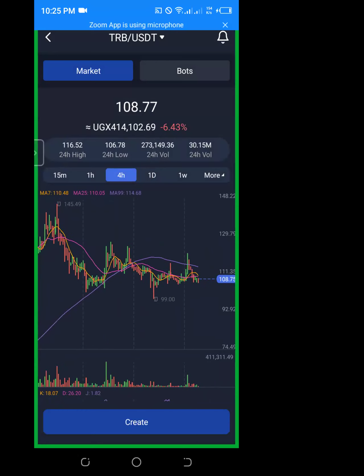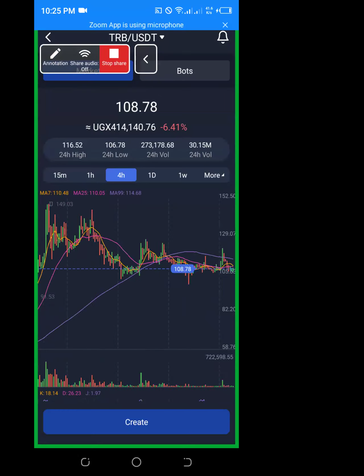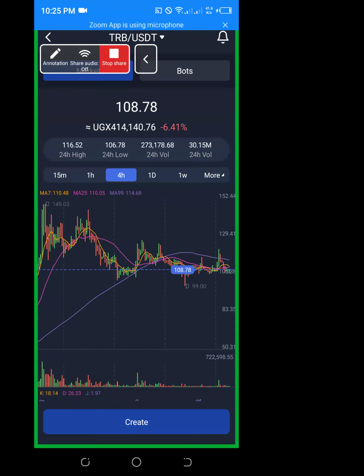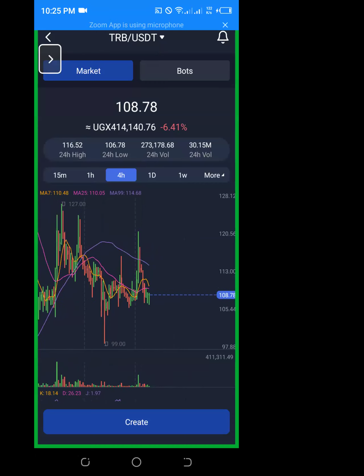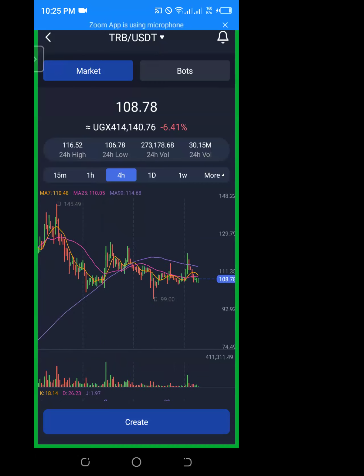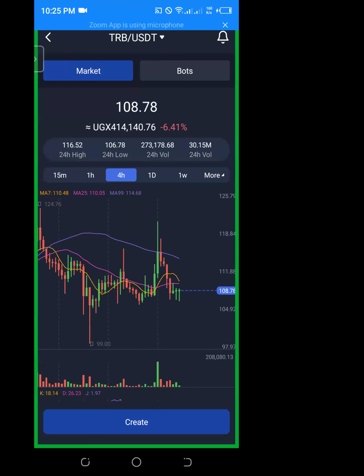There is a higher high and there is also a lower low. Are you seeing this lower low? It has 99. People already using this method are making good profits.